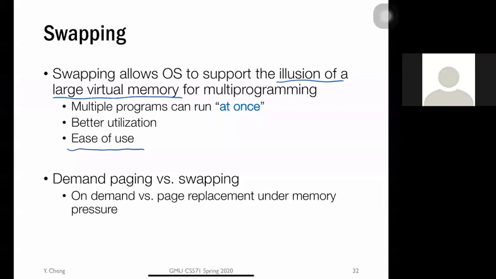At the same time, you swap something in. So that swapping process needs some sort of decision making, which is the page replacement decision making under memory pressure. Okay, and this page replacement or cache replacement policy, we will be talking about in more detail in the next lecture.